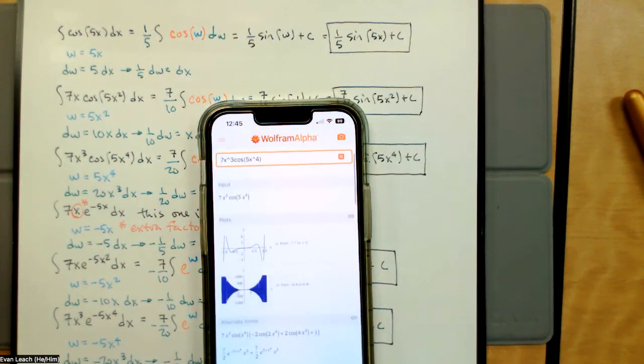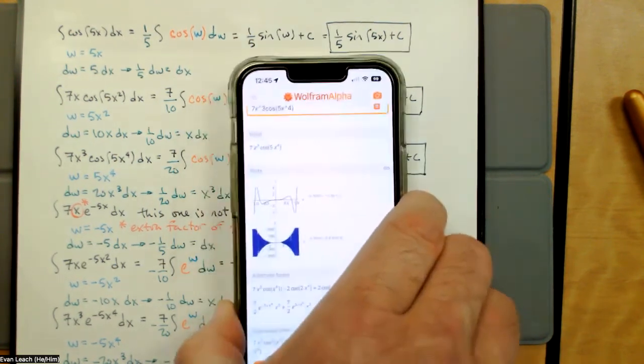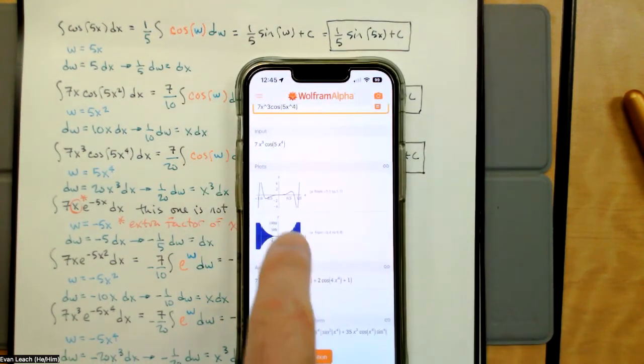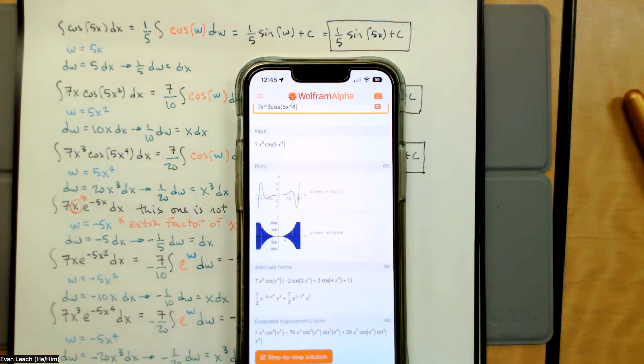I like that it gives you the graphs. I especially like that it gives you a couple of graphs: one close up where some stuff is happening, and then one more interesting one. Because what's happening here is we're replacing our x-axis with a 5x to the 4th axis, so it's going to make infinity show up faster.